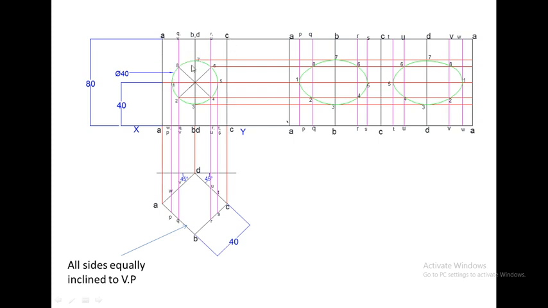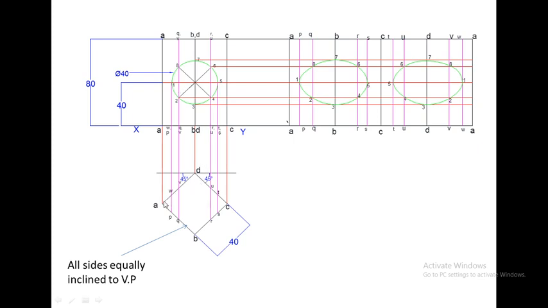This square, the circular hole should be dark. Vertical edge B and D, only this part should be dark, that is from point B to 7 upper half and point B to 3 lower half. This portion which is inside the hole should not be dark, it should be kept as light because this is cut by the square hole. This division points or the dividing lines should also be light.